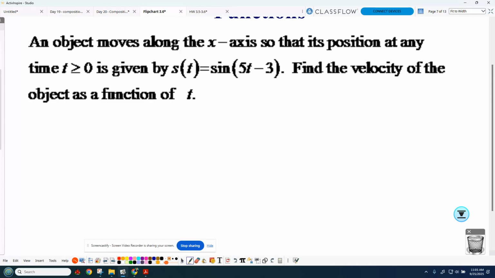Francesca, what do you get? I got 5 times cosine of 5t minus 3. So you said cosine and 5 times that. So she got the 5 after the fact, but she said it first. Derivative of sine is cosine, leave the inside alone, and then multiply by the derivative of the stuff inside. Good? Okay.